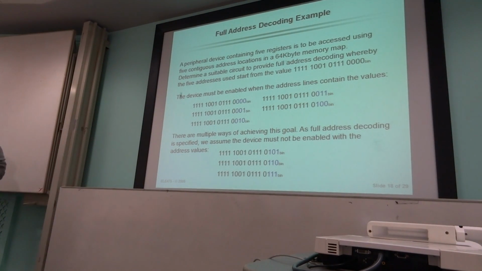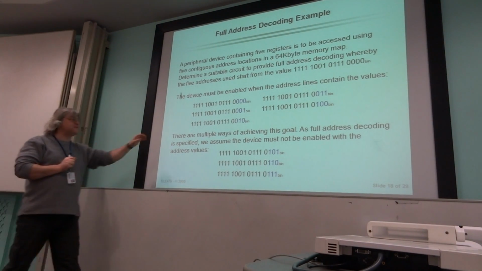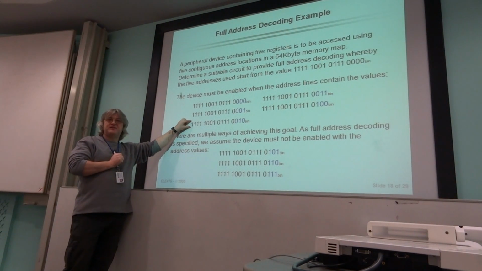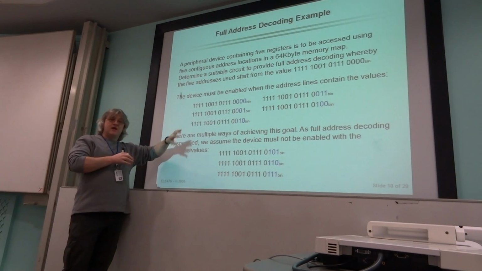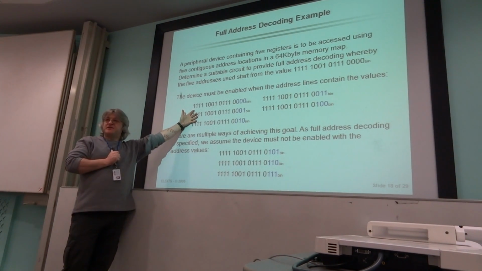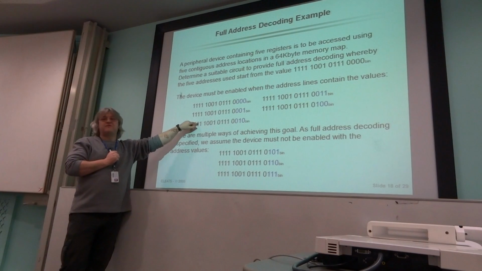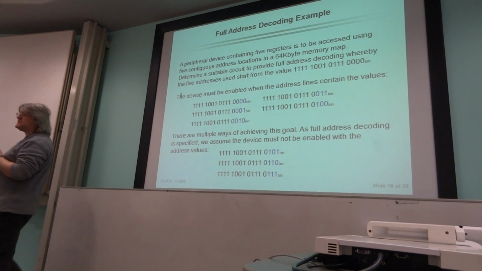To start with, we will assume that for every other possible combination of values on the address bus, this device must be asleep, because those other combinations might be used to wake up other devices. We don't know. We've been given the task to do the address decoding so that only those 5 combinations will wake up this device.